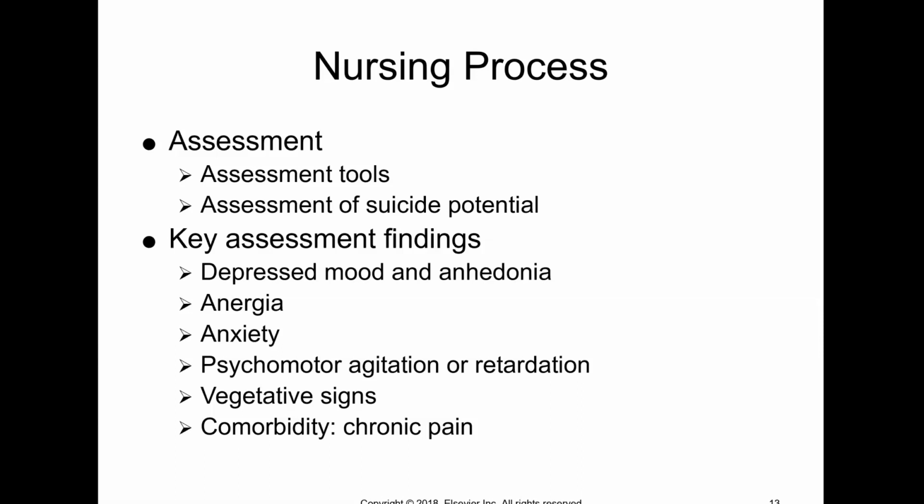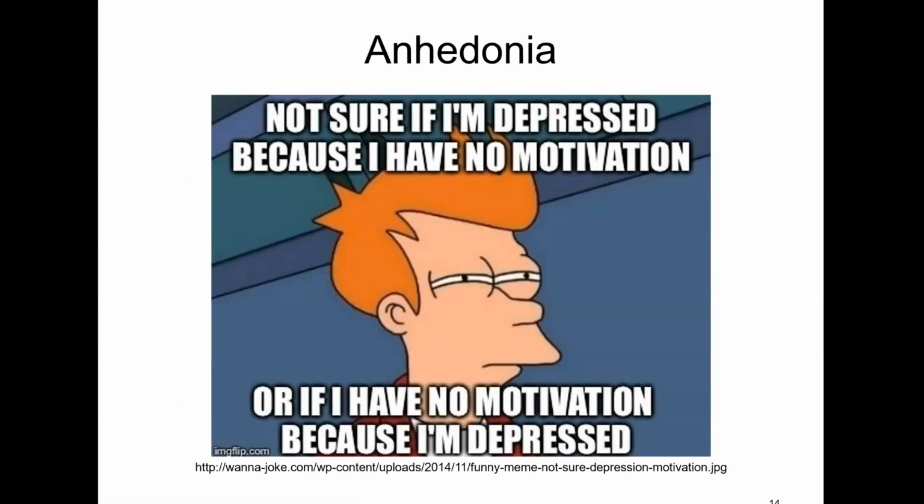That would be vegetative. And then the comorbidity of chronic pain has to be assessed. So anhedonia: I'm not sure if I'm depressed because I have no motivation, or I have no motivation because I'm depressed. So anhedonia, very important phrase for us in assessment in psychiatric illness.